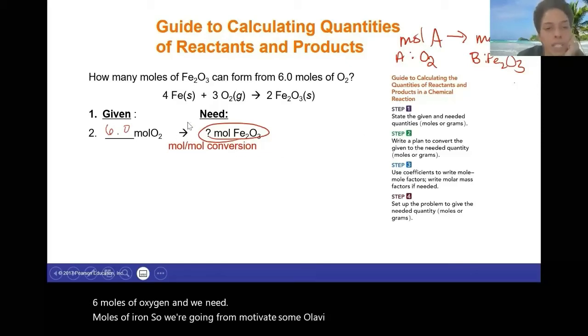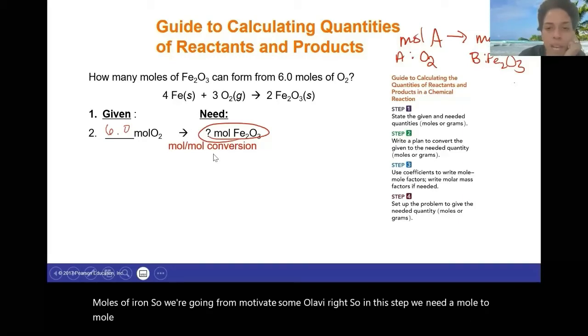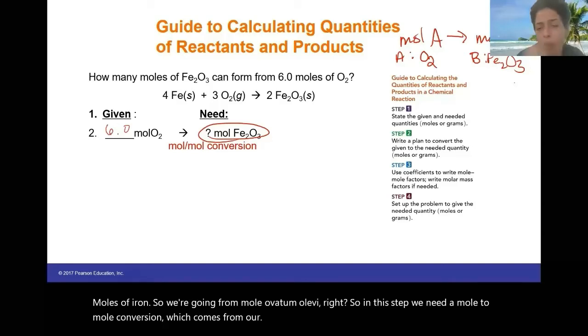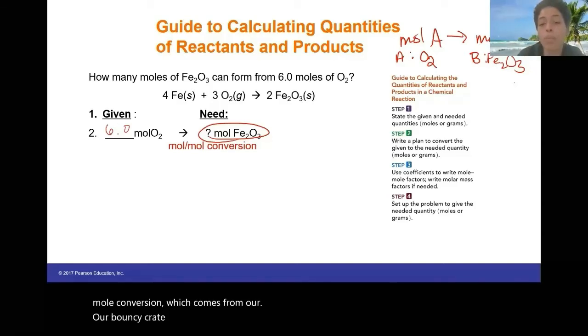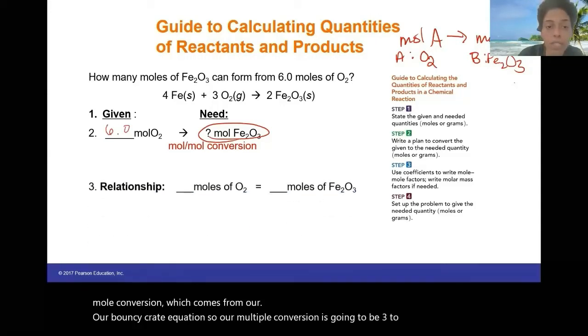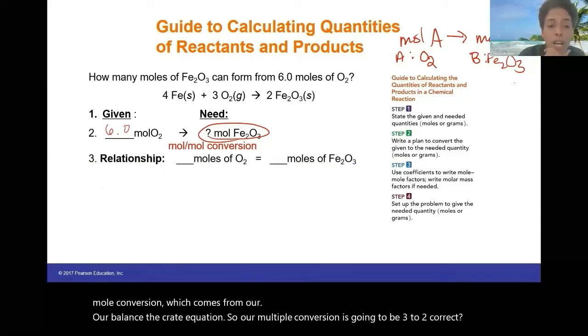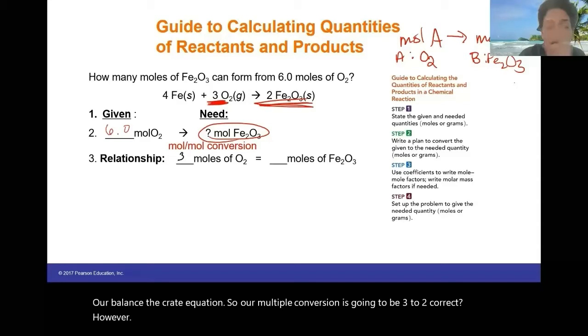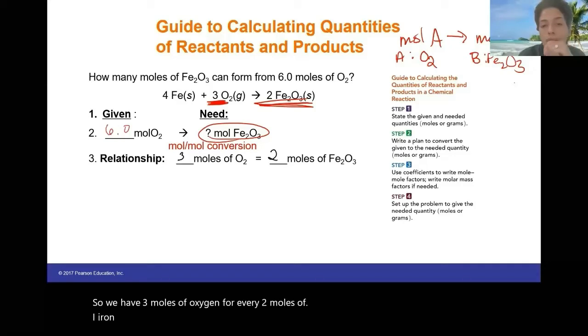So in this step, we need a mole-to-mole conversion, which comes from our balanced equation. So our mole to mole conversion is going to be 3:2, correct? So we have 3 moles of oxygen for every 2 moles of iron 3 oxide, right?